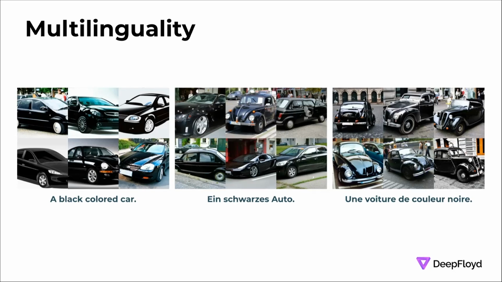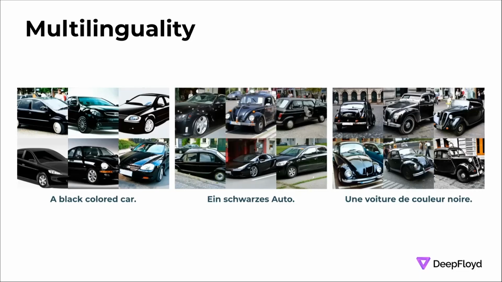But having only our own eyes, we discovered really interesting properties of our model. For instance, taking DrawBench prompts, we've discovered that if we translate them into several languages, in this case European languages, for instance German and French, and put these prompts to the model, it really understands them.